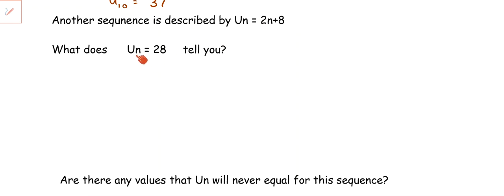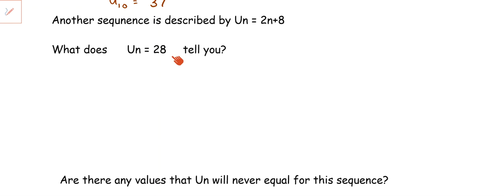So, what does Un equals 28 tell you? That's just saying the same thing, but what does it tell me? More in English. Mia? No? Caleb? 28 is a number in the sequence. Which one?